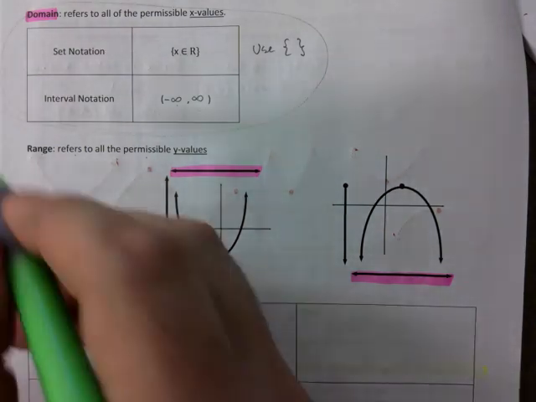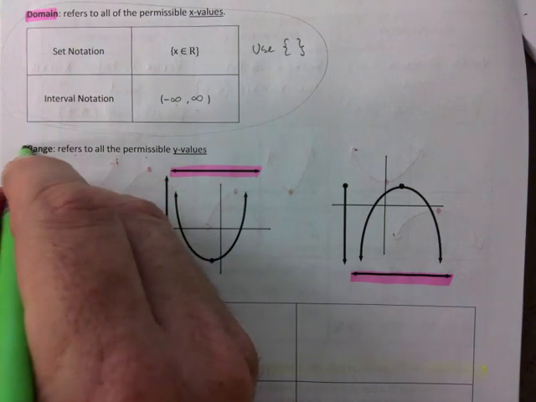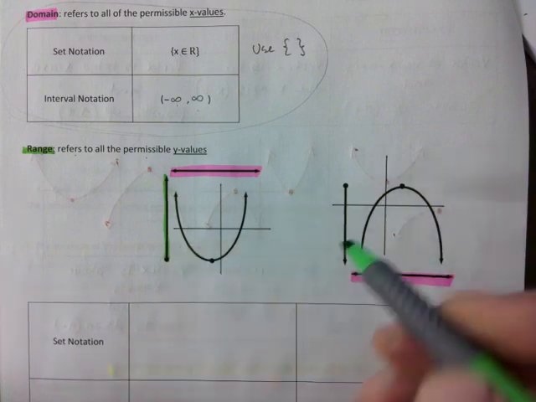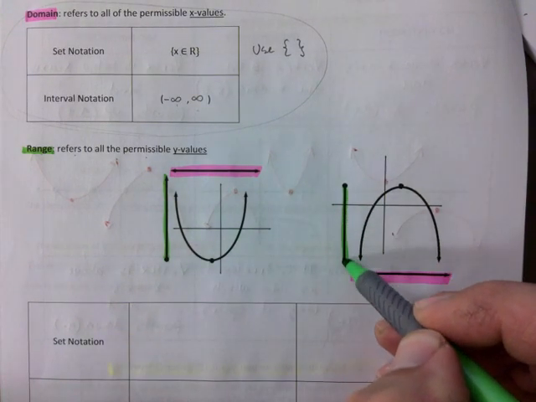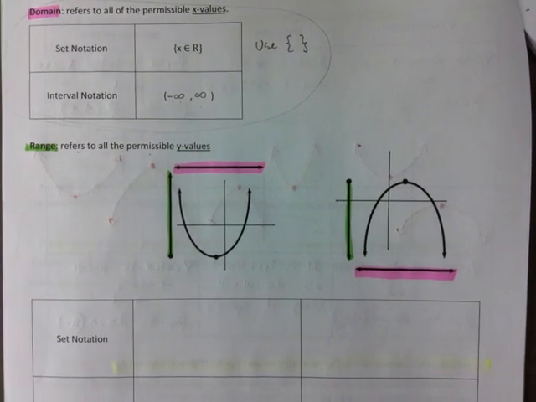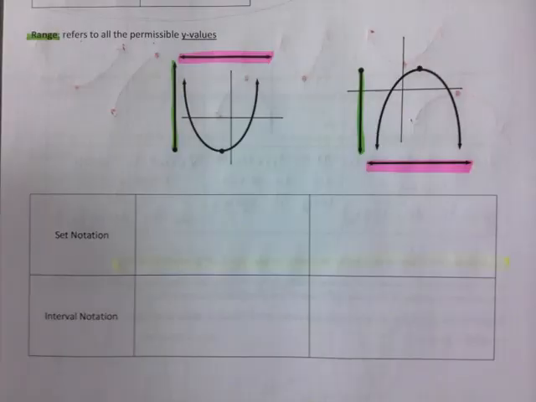Whereas the range refers to this, all the permissible y values that are there. So the range is a little trickier. I'm not going to lie to you, right?